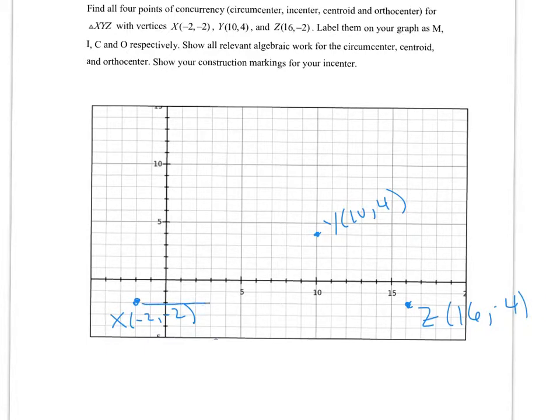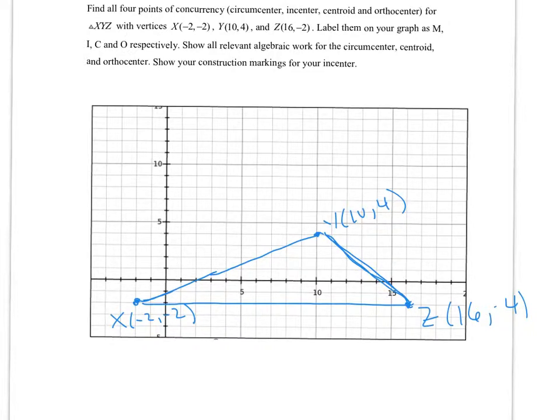I'll do my best to draw straight lines here, but it's a little hard. Oh, that one's pretty ugly. Not much better. Okay. All right.